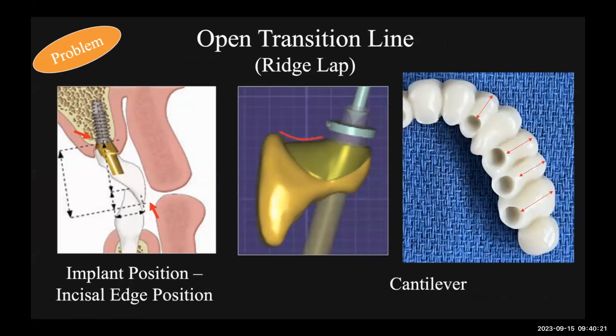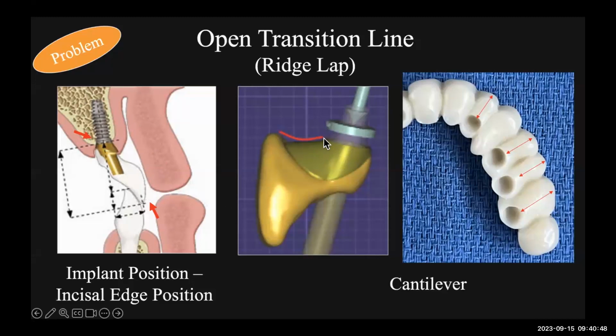If it is a closed transition line and it is a ridge lap, this happens when the implant here is placed more lingually than the facial contour of the tooth, meaning bone resorbs from buccal to lingual, the implant is more lingual, we have the crown because we have to support the soft tissues, and for occlusion, we have to build it out to the facial.